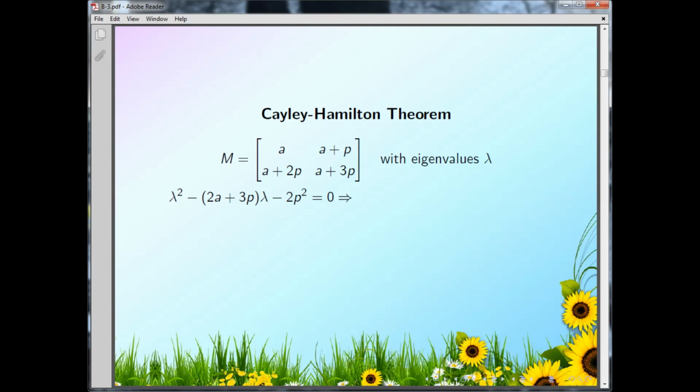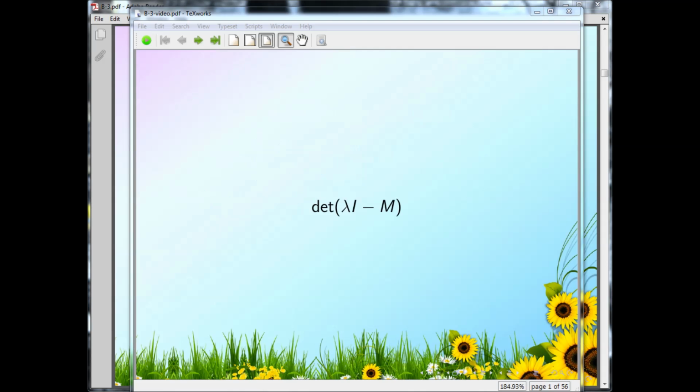So here's the Cayley-Hamilton Theorem, and here's the matrix, and we can think about eigenvalues. Maybe the eigenvalues may be complex, but all those eigenvalues, including the complex ones, are in an equation called the characteristic polynomial. All right.